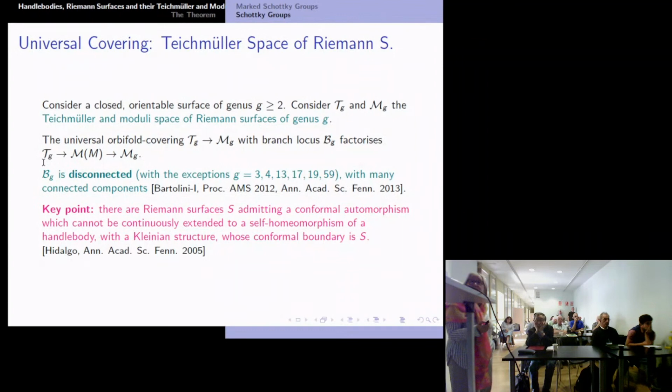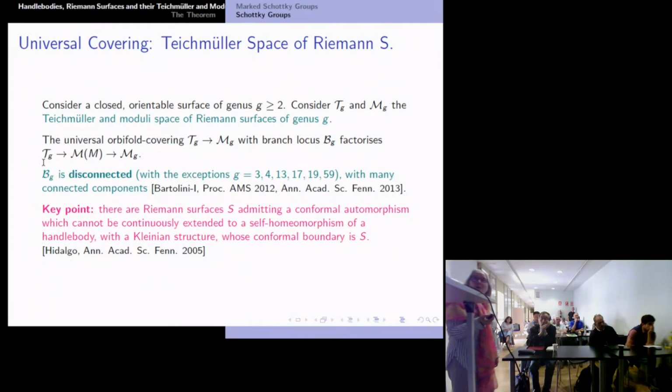And this is just to show that. So if we are talking about the Riemann surfaces, the branch locus is very, very disconnected. But if we are talking about the Schottky space, the branch locus is connected if the genus is at least three.